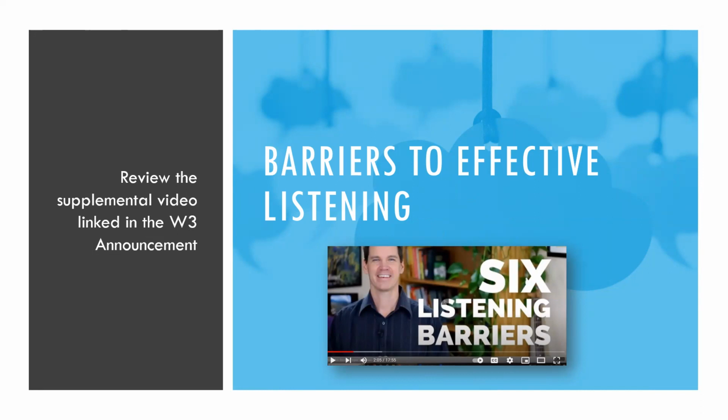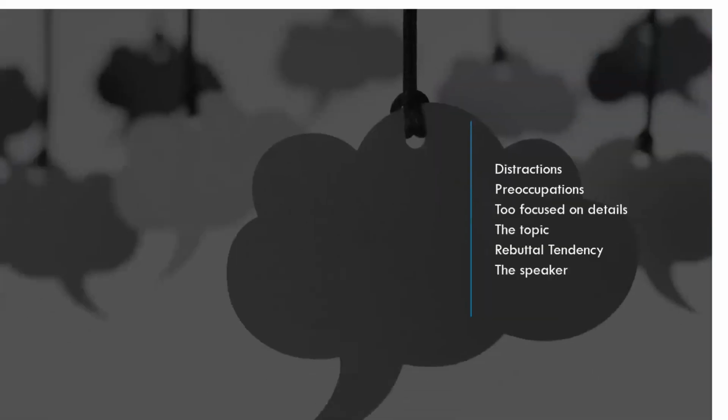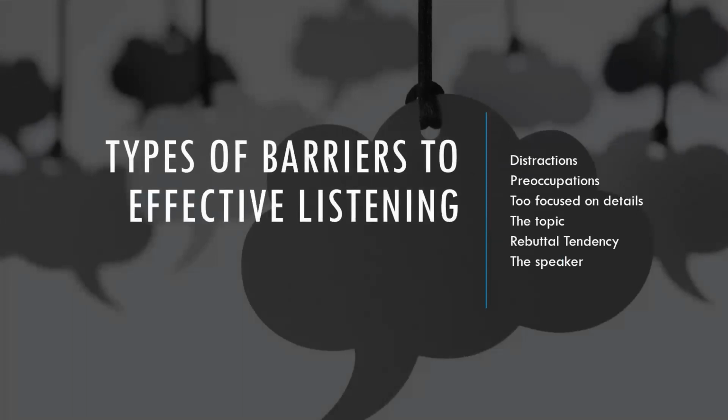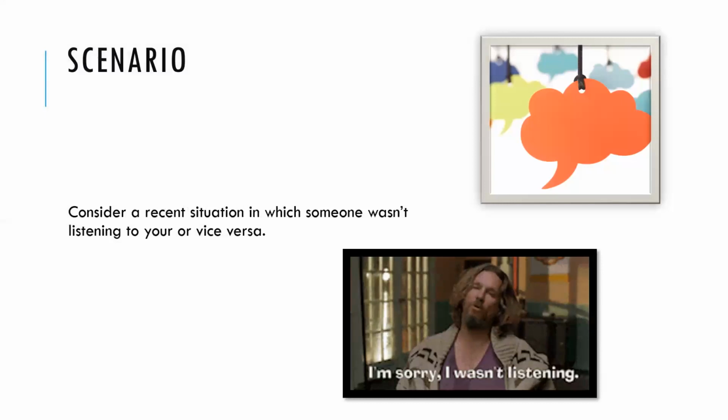And I say popular because they're common. Basically, the video lists these 6 common types of barriers to effective listening. And with those types in mind, and maybe you already knew about them but couldn't put a name to them, revisit that scenario I asked you about at the beginning of the video. Someone wasn't listening to you recently or vice versa.